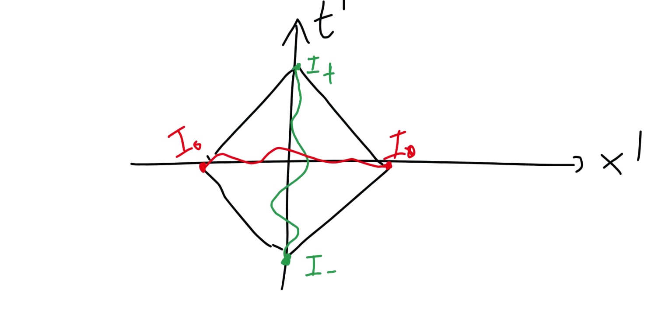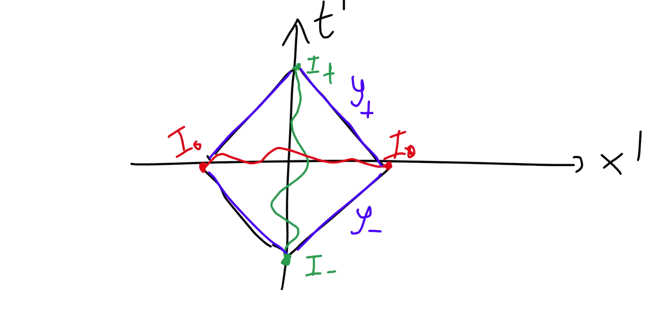And then we have these boundaries, which are called script plus, the future null infinity, and script minus, the past null infinity.